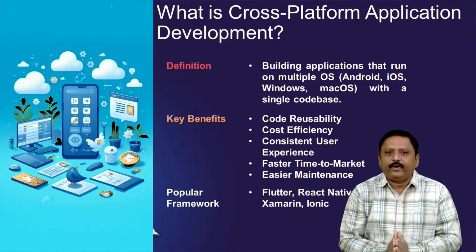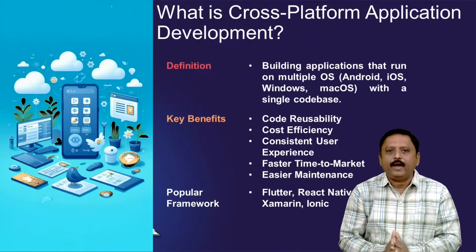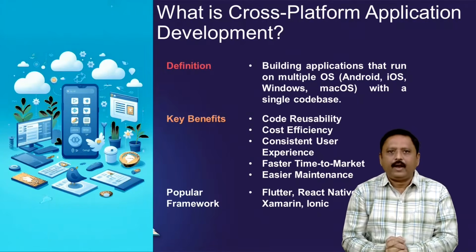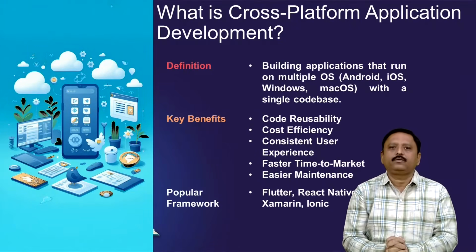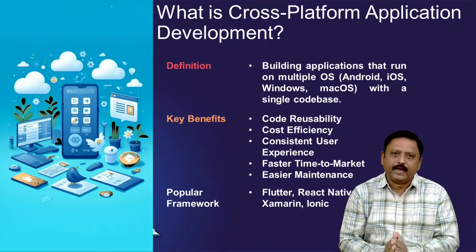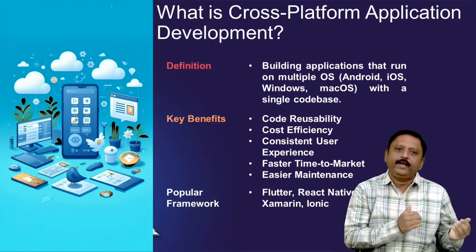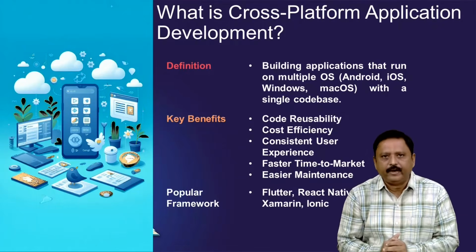Another popular framework is Xamarin, which is owned by Microsoft, and it uses C# and enables code sharing across iOS, Android, and Windows. The fourth framework for cross-platform application development is Ionic, which is based on Angular, and it allows building hybrid mobile apps with web technologies.